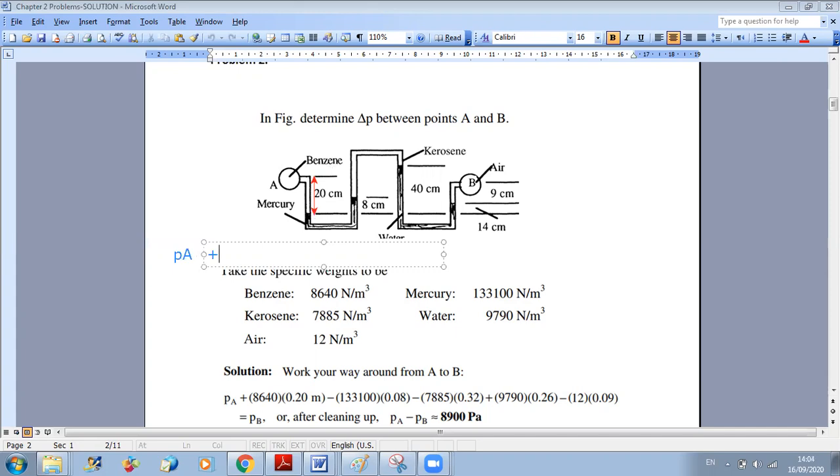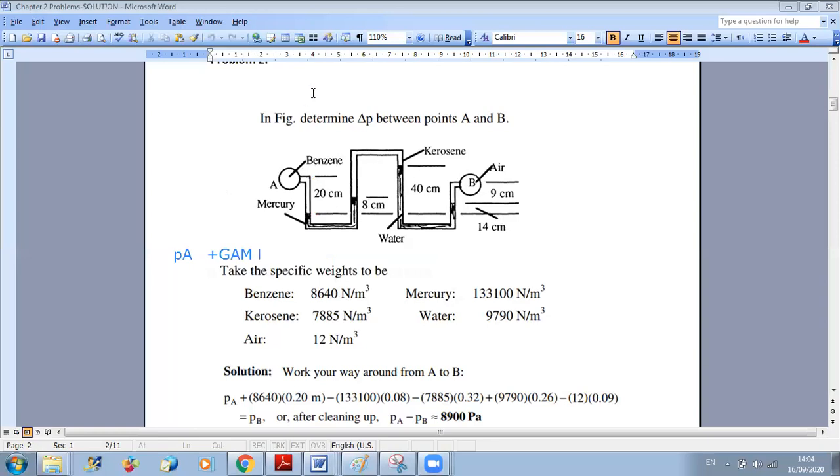gamma of benzene times, don't forget to transmit your units. Because gamma is in Newton per meter cube, I will use H in meter. So it's 0.2. Now here you can use what we call crossover.